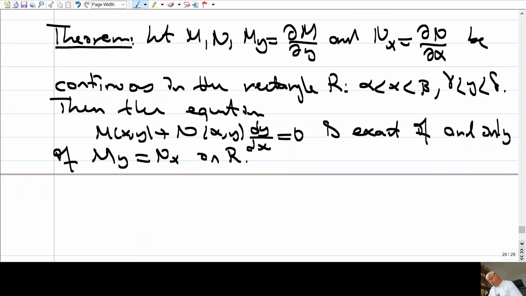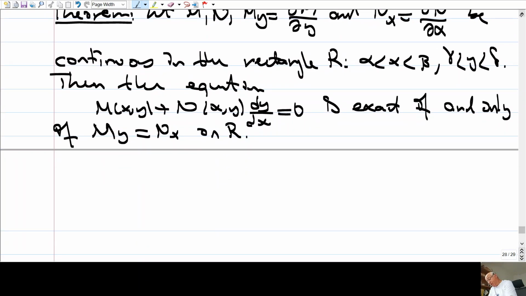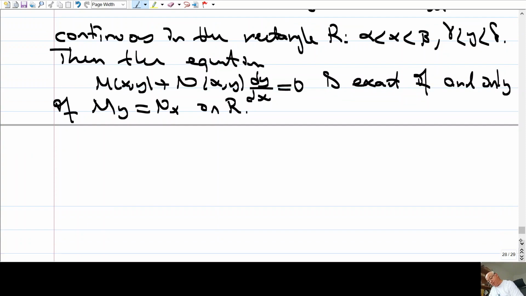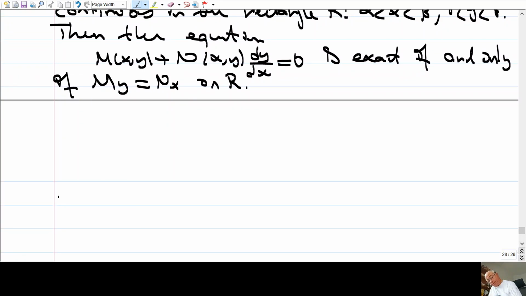I will not talk about the proof of this, but it is basically integration, nothing else. Maybe a sketch of proof.